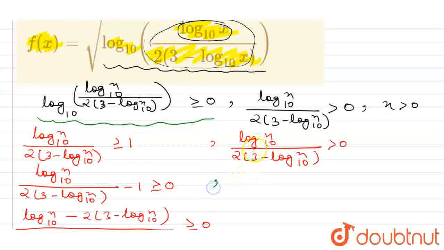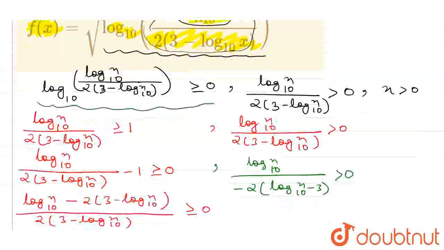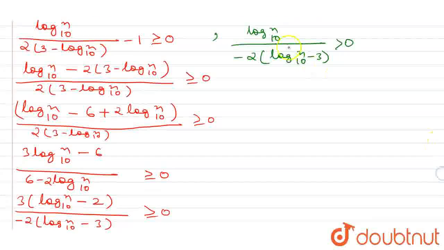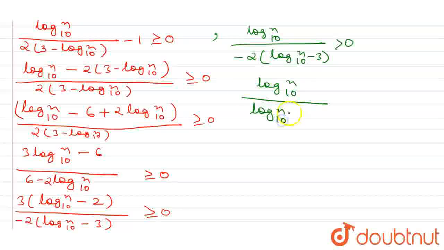So I can write here minus 2 into (log x to the base 10 minus 3) greater than 0. So I multiply both sides by 2 and eliminate this minus sign, so it will become log x to the base 10 upon log x to the base 10 minus 3 should be less than 0.